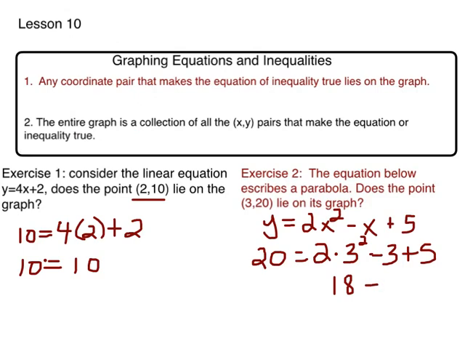Minus 3 plus 5. 18 minus 3 is 15, plus 5 is 20. 20 equals 20. So that point lies on that graph of a parabola.